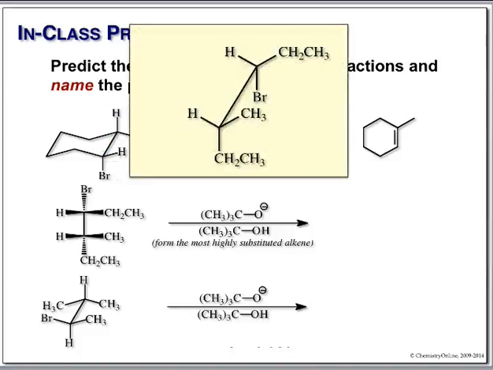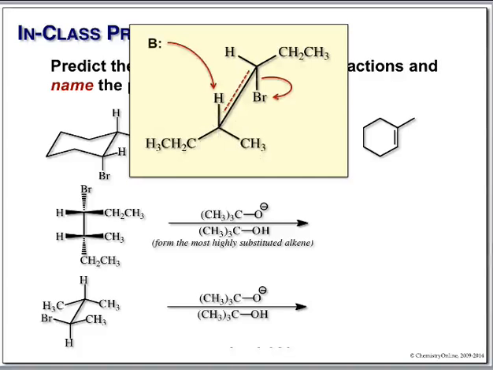This is our leaving group. So we're going to have to rotate this so that this hydrogen is anti and coplanar. So I'm just going to rotate this a bit. Now, a base can come in, pull off this hydrogen, we'll make our double bond, leaving group will leave.